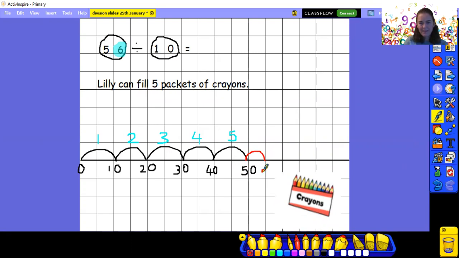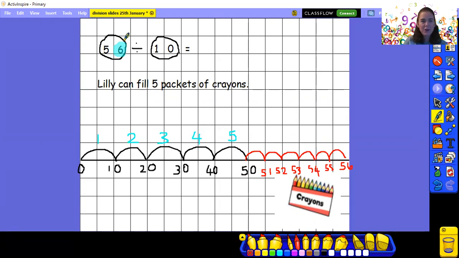51, 52, 53, 54, 55, 56. So how many more crayons did I have to add there to get to 56? You're right, I've added 6, haven't I? 1, 2, 3, 4, 5, 6.